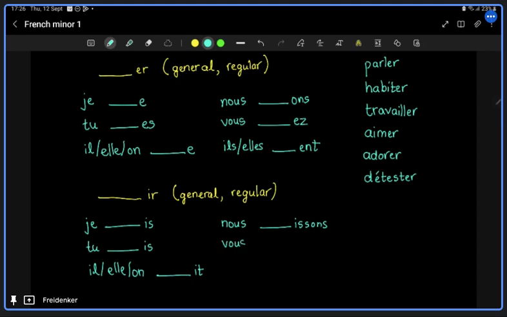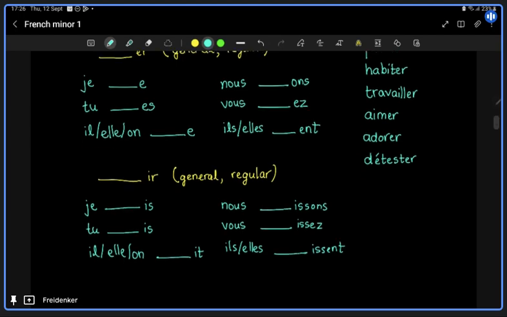Vous will get issez. Ils, elles will get issent. So for this you have words like finir, to finish. You have choisir, to choose. Agir is to act.